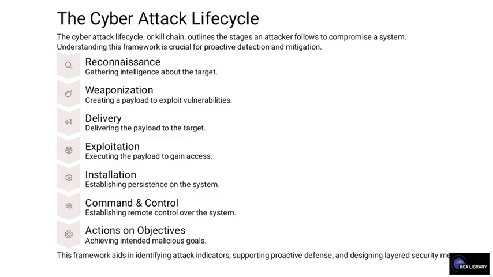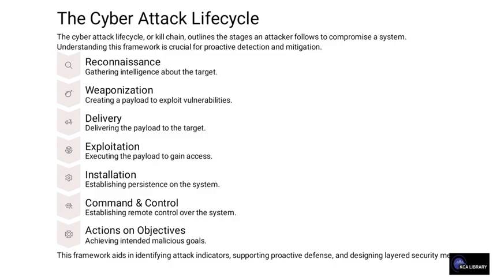And the first is reconnaissance, which is gathering intelligence about the target. The next is weaponization, which is creating a payload to be able to exploit a vulnerability. The next is delivery, which is delivering the payload to the target. The next is exploitation, that is executing the payload to gain access.